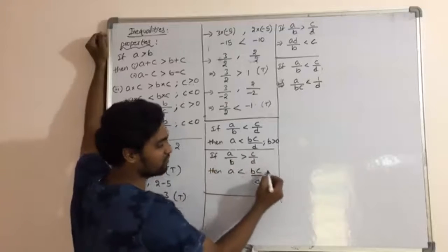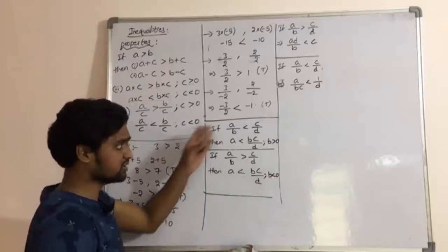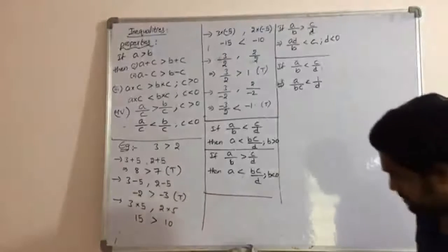The inequality got reversed, which means B is a negative number.